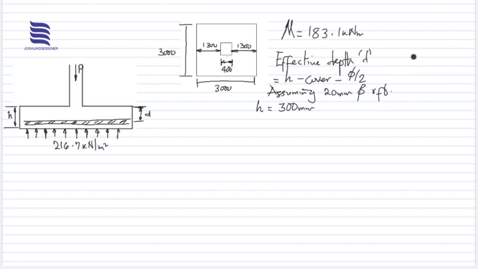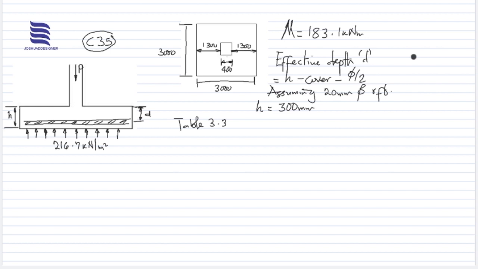And not to forget, from BS 8110, the British Code of Practice, table 3.3, which is for the cover to reinforcement, the concrete grade for this particular question is C35.